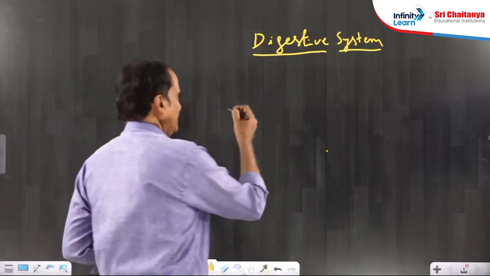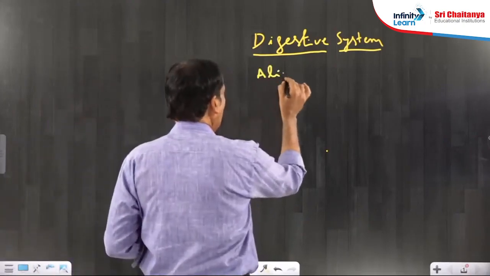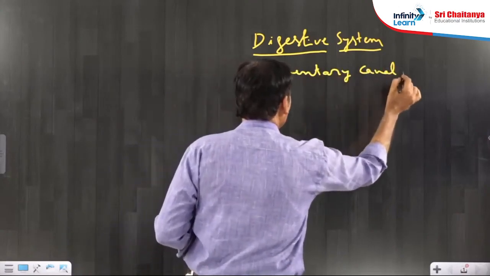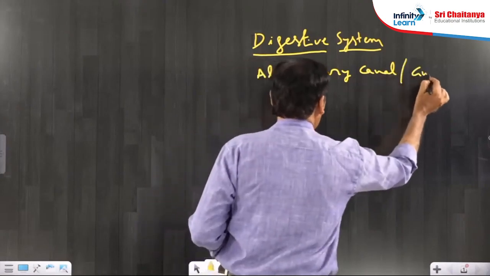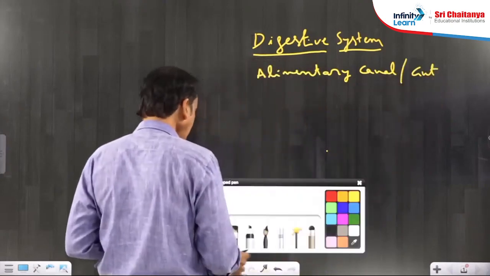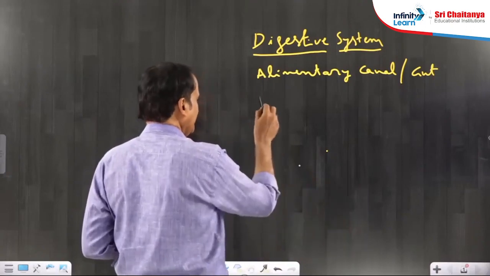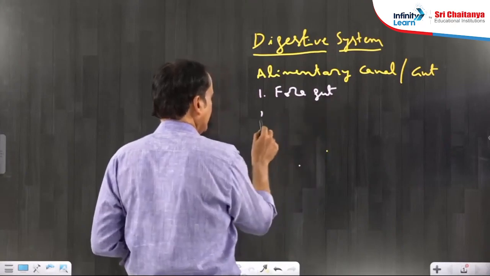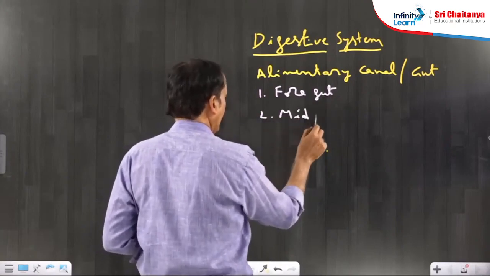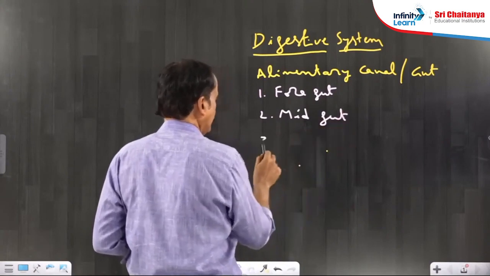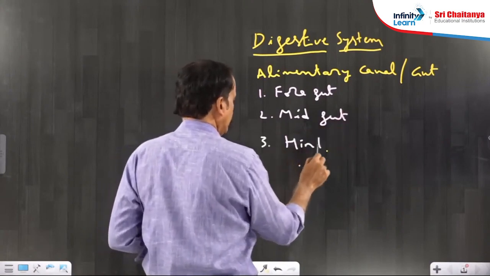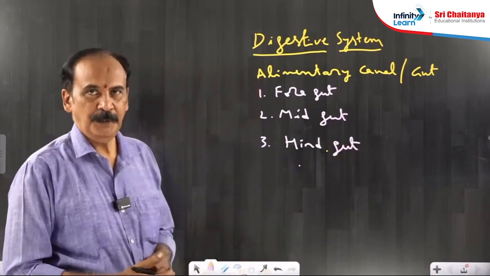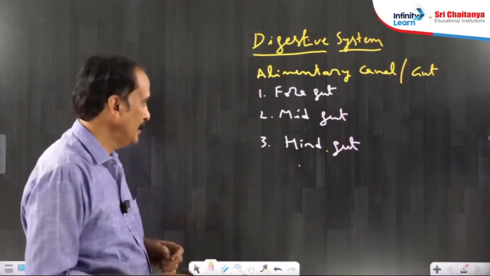So in cockroach, the alimentary canal or the gut is divisible into three regions called foregut, midgut and hindgut. Right? The three broad regions in the animal.